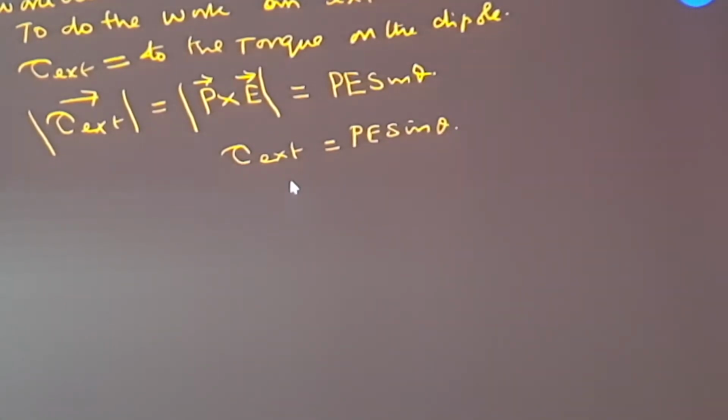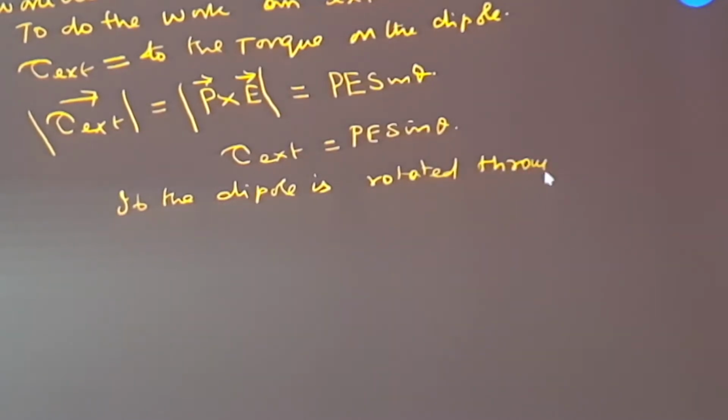Okay. Now what is the work done? Let us consider that the dipole is rotated through a small angle d theta, then the work done is dW.